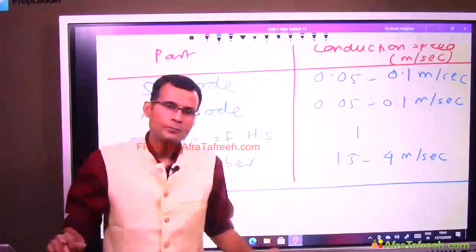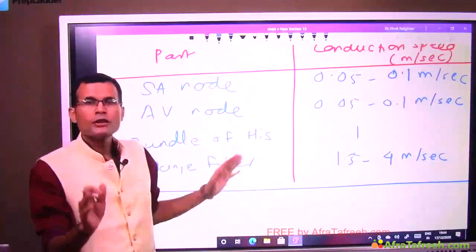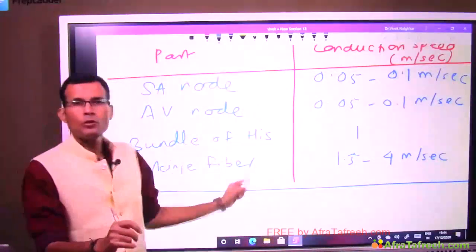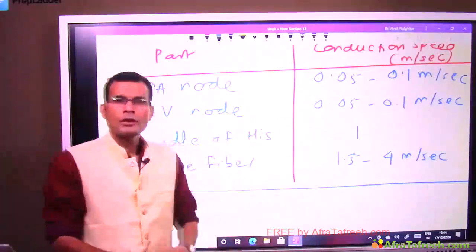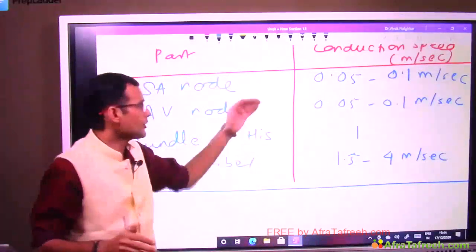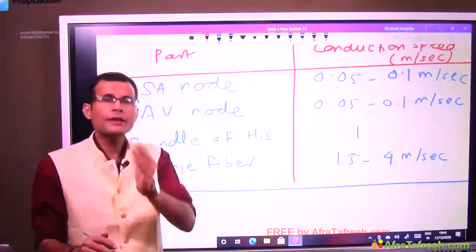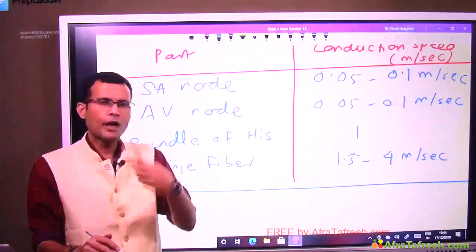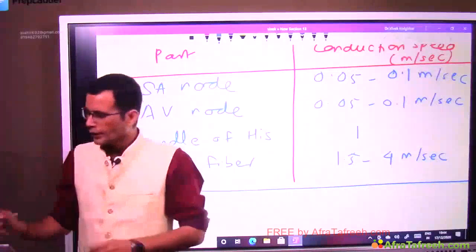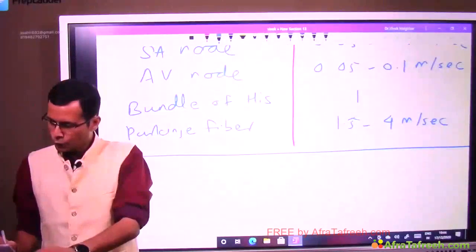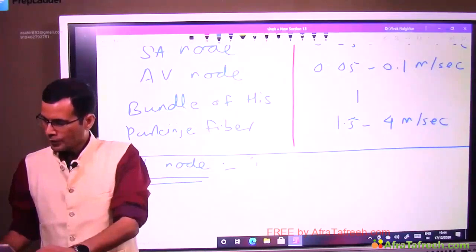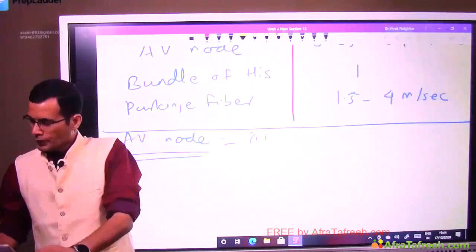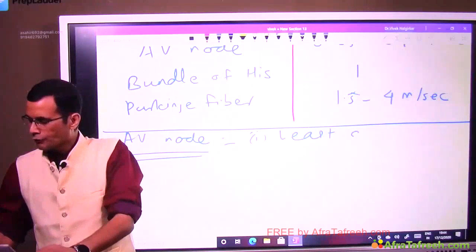The physiology is this. AV node is the slowest conducting part because, in addition to the fact that each cell in the AV node is slowly depolarizing and therefore ionic movement is slow, AV node shows 2 more characteristics. One is least diameter of the fibers.